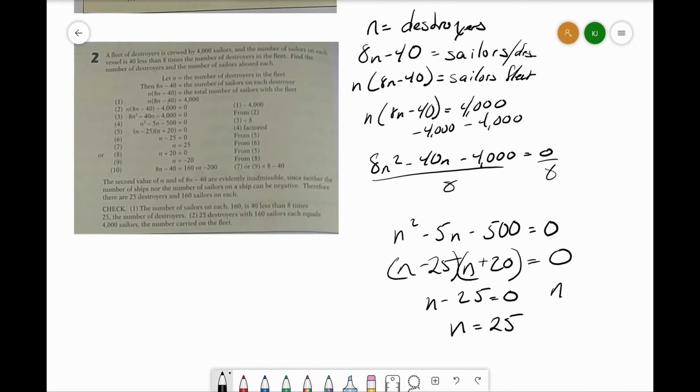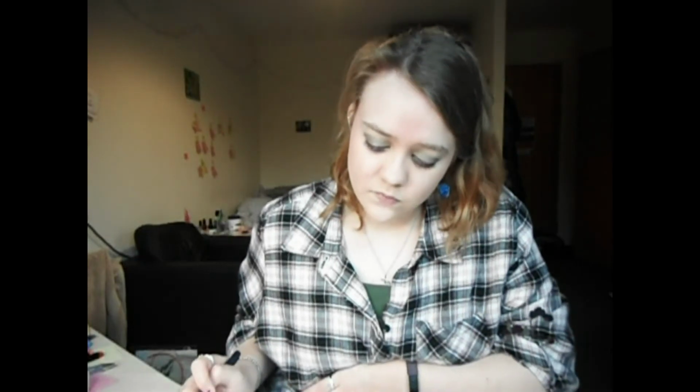We also have n plus 20 equals 0, so n equals negative 20. So from here, we're going to need to plug these numbers back in. So 8n minus 40, well, 8 times 25 or times negative 20 could get us 160 or negative 200. And so that's the way we're going to start solving these equations.